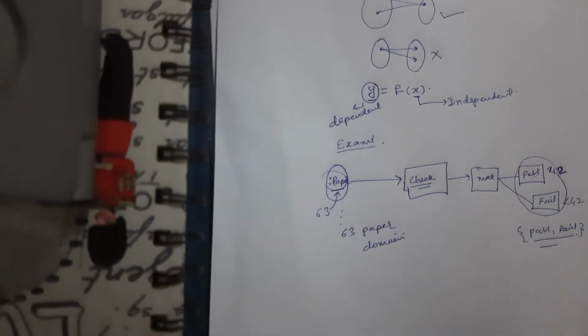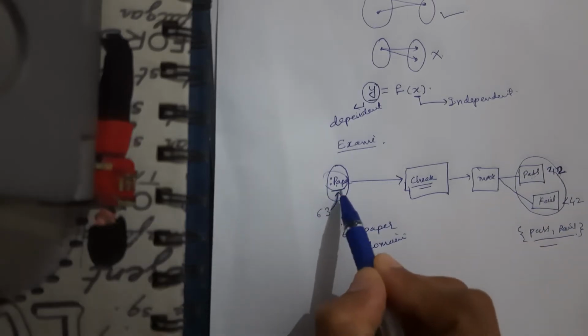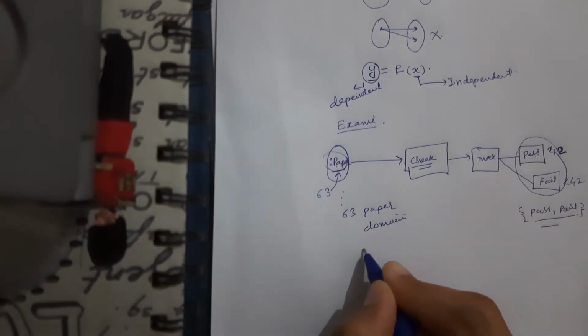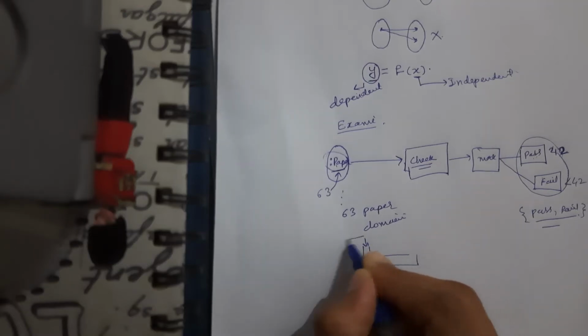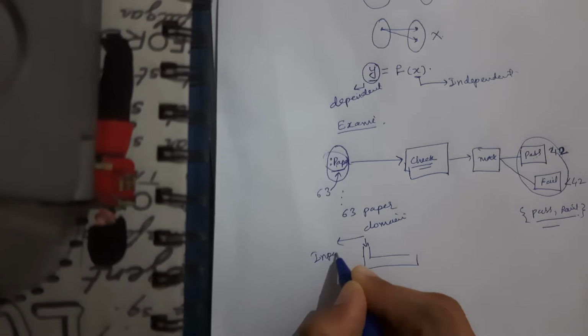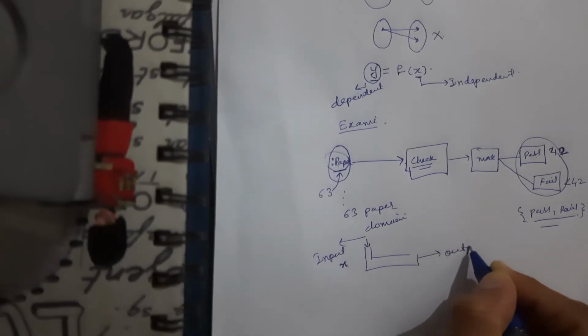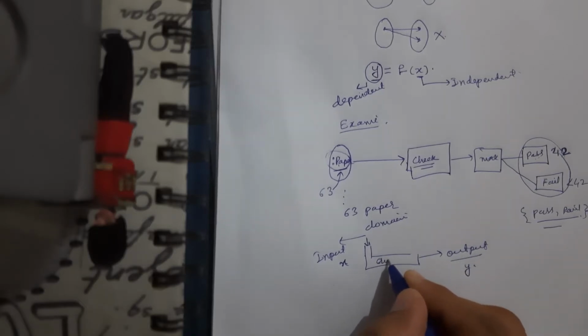You can write anything in your paper. If you want to pass, then you must write the paper in such a way that you score marks greater than or equal to 42. So this is the independent variable. In a function, simply remember that we input something here that we indicate with x, and then we get output that we indicate with y, and certain rules are there.